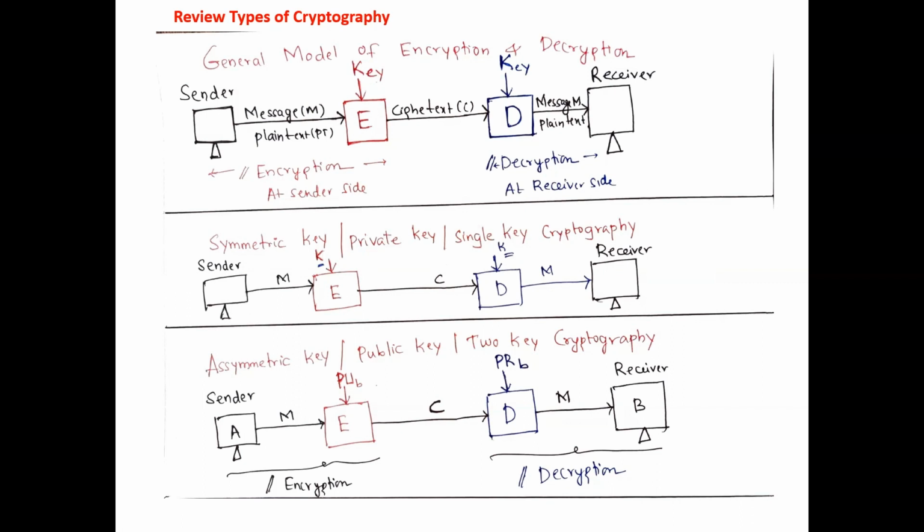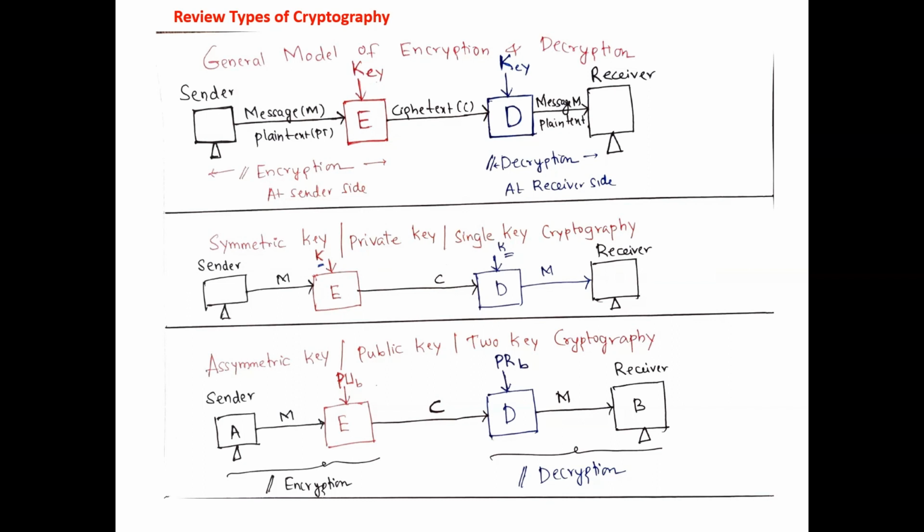The other type is asymmetric key, or public key, or two key cryptography. In public key cryptography, if the sender wants to send a message to the receiver, the sender has to encrypt the message using the receiver's public key.